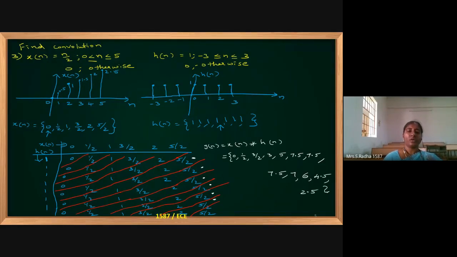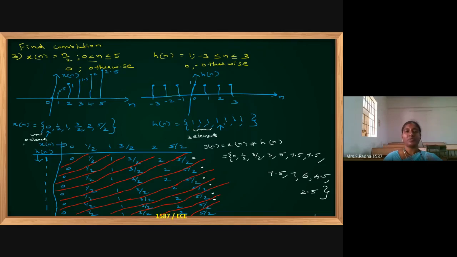So the only thing is where to put the arrow mark. In the first sequence, the number of elements to the left of the arrow mark is 0. In the second sequence, the number of elements to the left of the origin is 3.